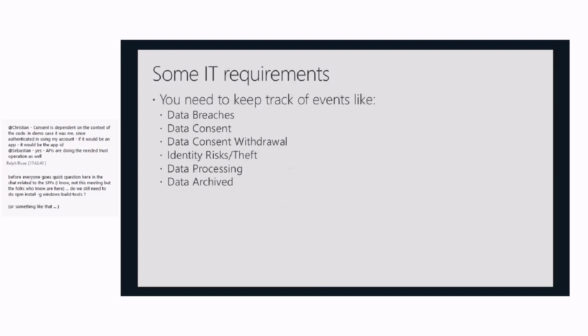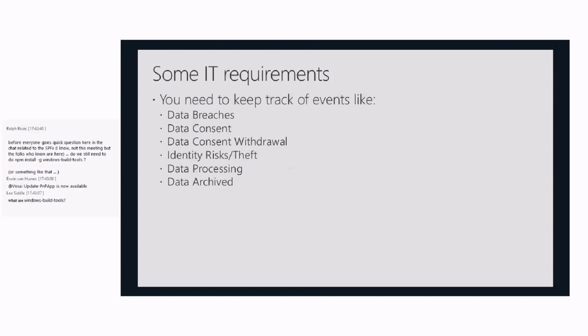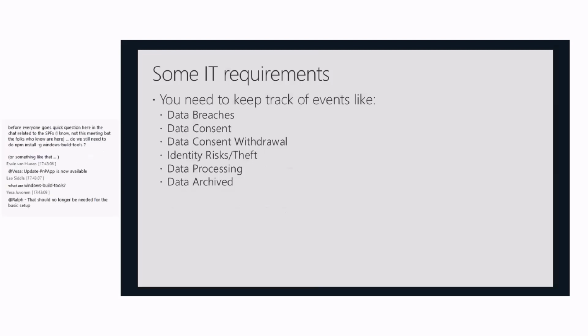So not only data consent, but also data consent withdrawal, if any. You will have to keep track of identity risks, of any processing activity, and of any archiving activity whenever you archive data of an EU citizen.